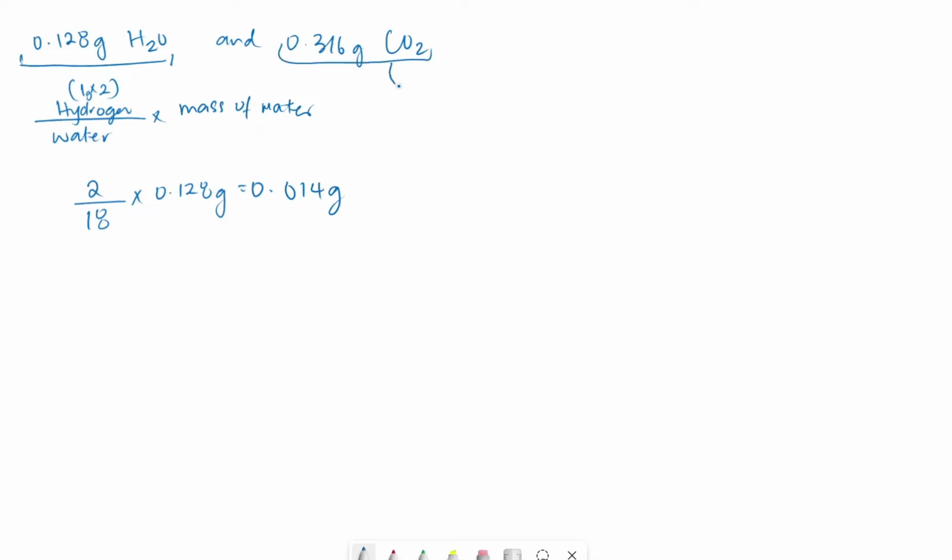Similarly, if we need to figure out what we had for carbon, it would be the mass of carbon over the mass of carbon dioxide, which is 44, I think, multiplied by the mass of carbon dioxide given. So that would be 12 over, carbon dioxide is 12 plus 32, 44, right?